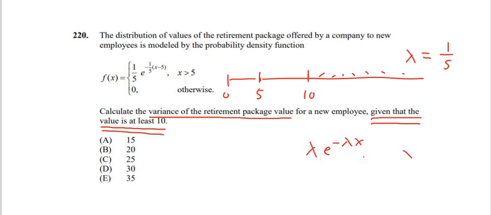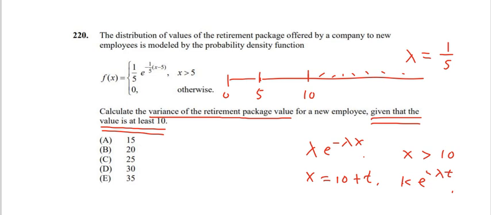If x is larger than some number, the density function is still like that, only the constant changes. Let x equal 10 plus t, so the density is proportional to e to the negative lambda t.